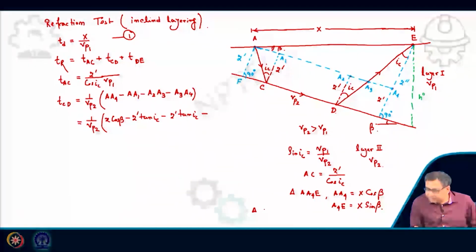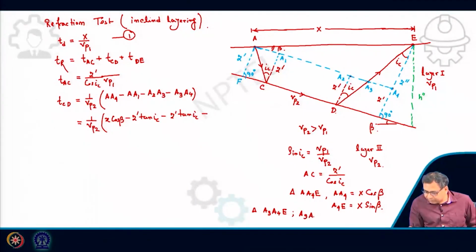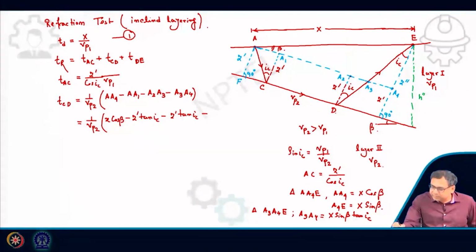From triangle A3, A4 and E, A3A4 is equal to x sin beta into tan IC, because this is IC and this is x sin beta.